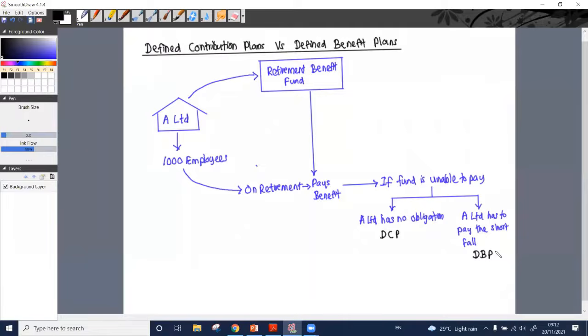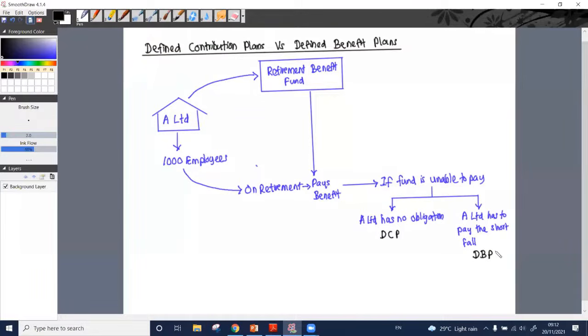Yes, we know gratuity is a defined benefit plan. All these are defined contribution plans. There is no such thing.